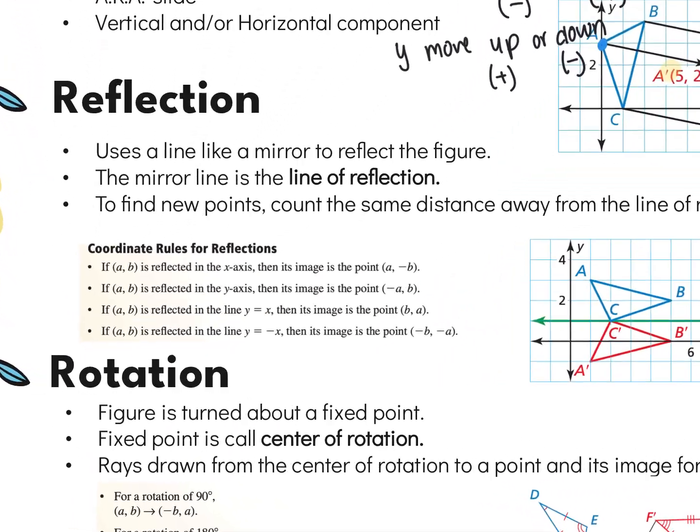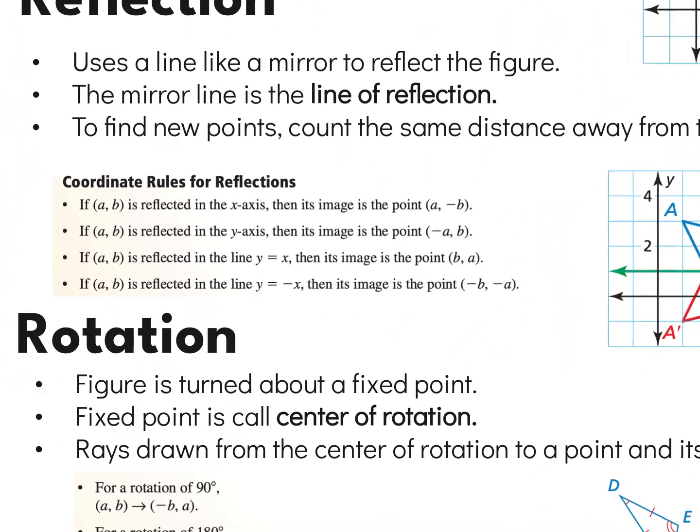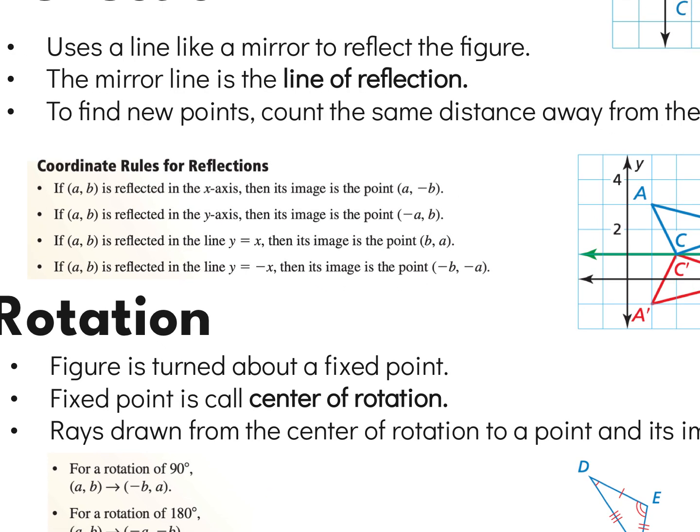For reflection, these are the rules right here. I suggest you highlight it because you're going to have to memorize it. All of these rules are for reflection. So I know they have A, B's, but your A is considered your X value and your B's are considered your Y values.